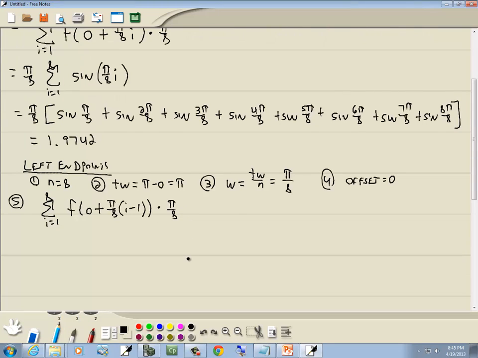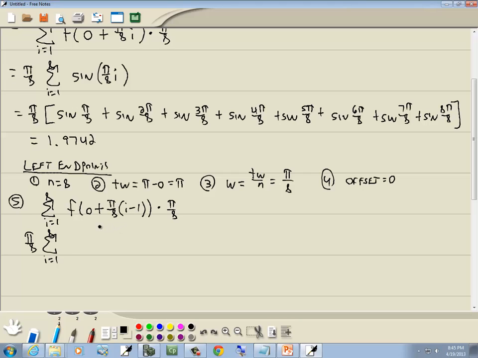Okay. Now, I'm going to take that pi over 8 and put it out in front. And then we're left with the sum from I equals 1 to 8. We're left with this right here.